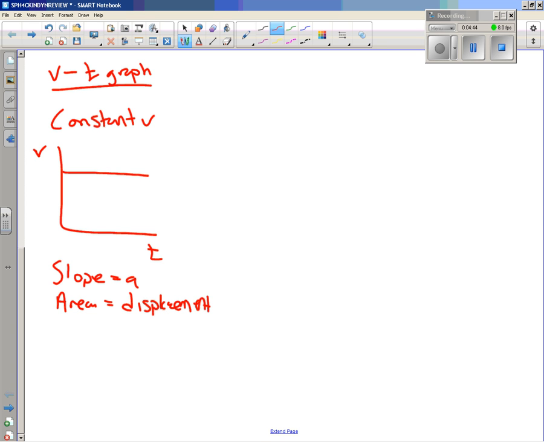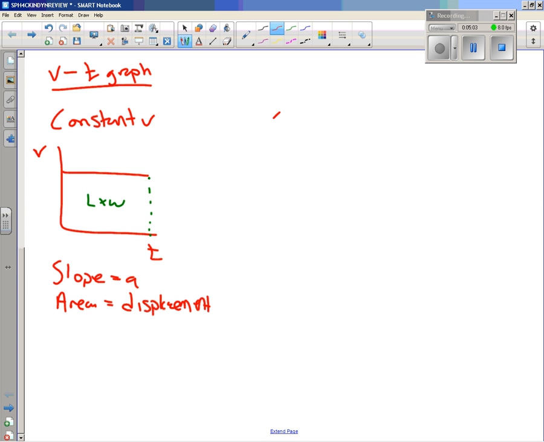You can get it from the area under. The area of this particular graph would be a rectangle, length times width. And you just have to know the width and the length, and you multiply them together. It gives you displacement in meters as long as we're using SI units.